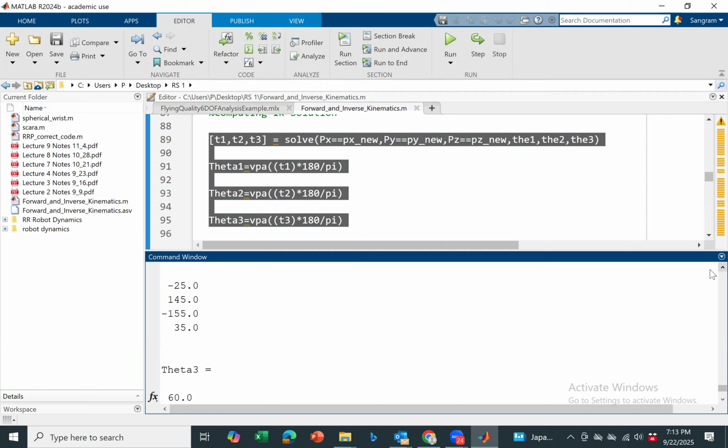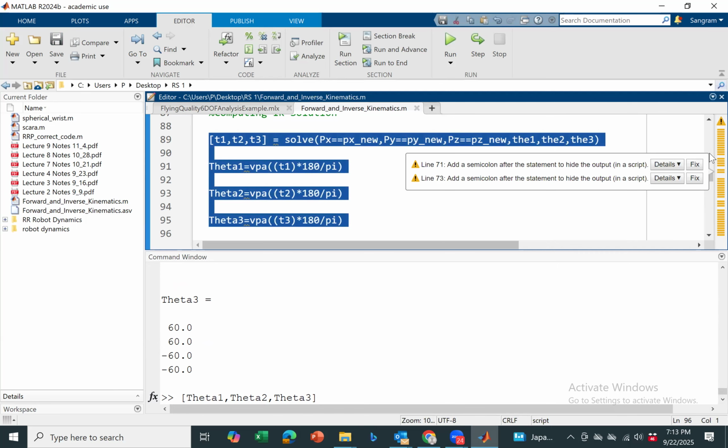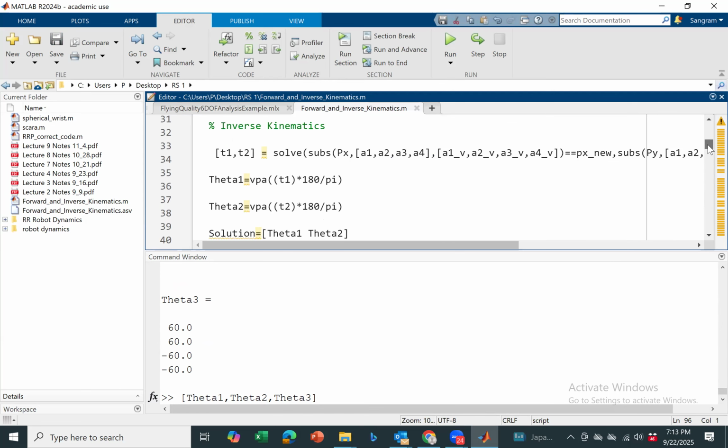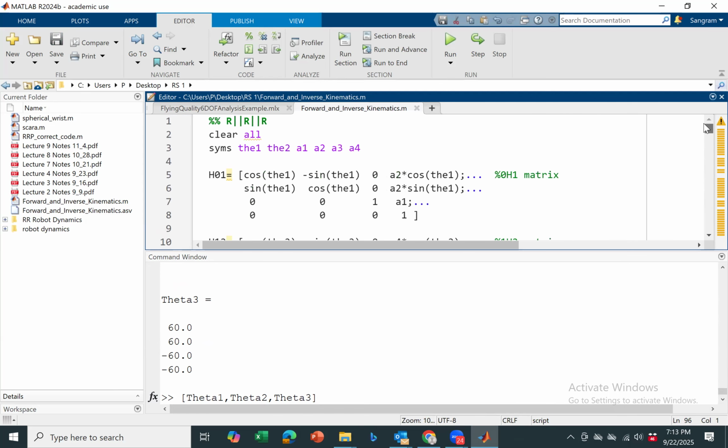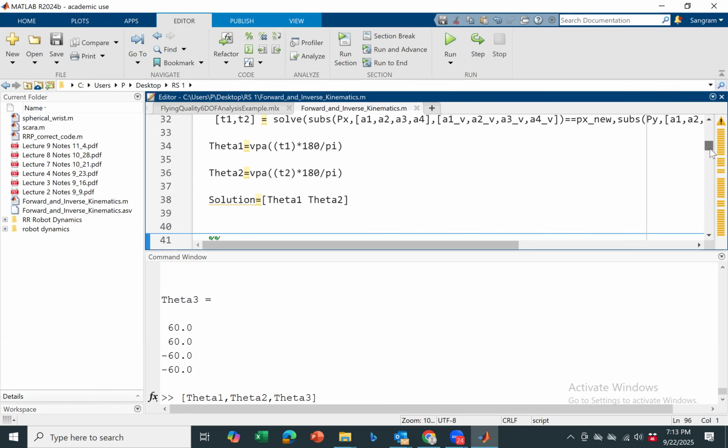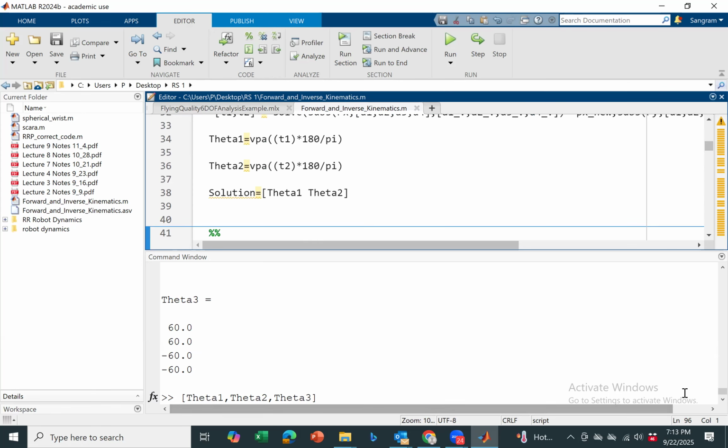So you need to choose the proper values. The way you would do it is theta 1, comma, theta 2, comma, theta 3. Once you do that, it should give you all the possible solutions for theta 1, theta 2, and theta 3.